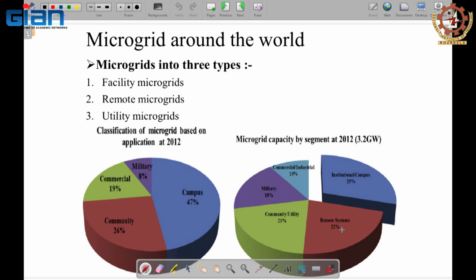So we talked about the microgrid control. We'll talk more about this microgrid control in the afternoon session as well.